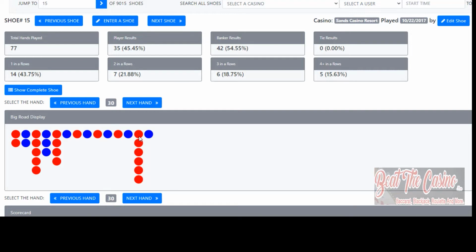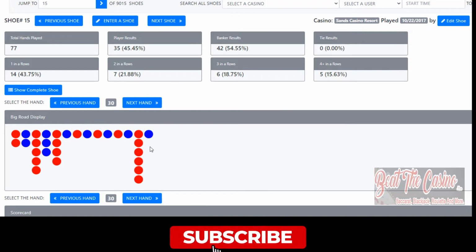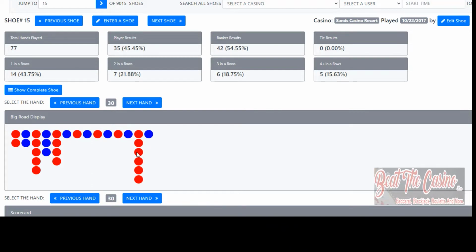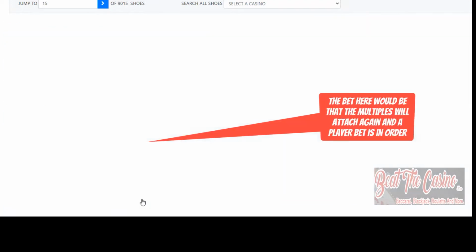So when they identify the first set of attached multiples, they'll bet that the second time it occurs, after the first multiple of 2 or more, the next time it goes opposite, it's going to go repeating again. So they would bet the second liner here. Let's see if we get it.